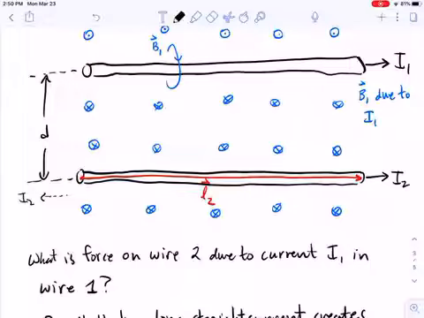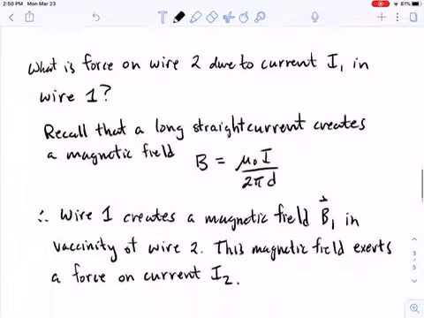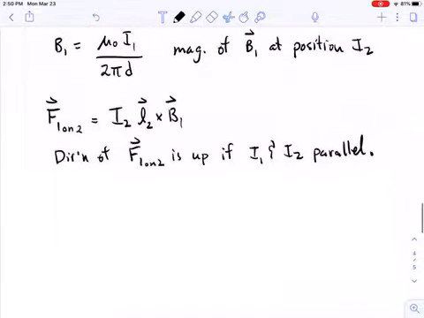Our fingers would curl in the direction of B1, which is into the screen still, and the force on I2 would be down towards the bottom of the page. And so if the two currents are anti-parallel, the direction of F1 on 2 is down if I1 and I2 are anti-parallel.